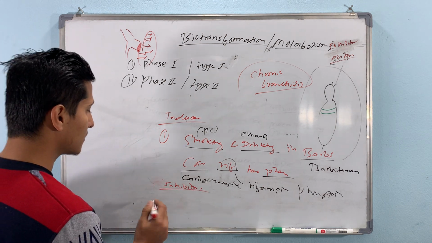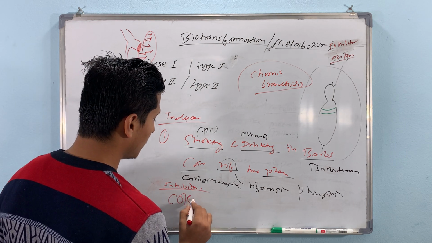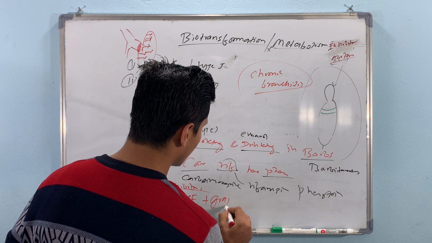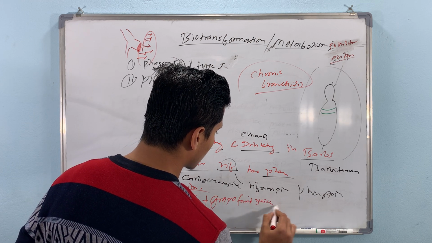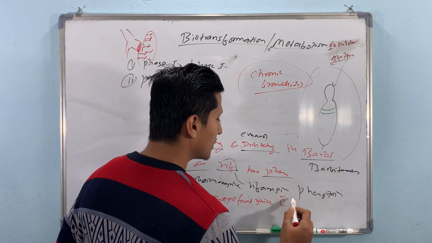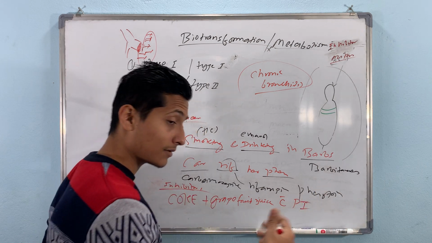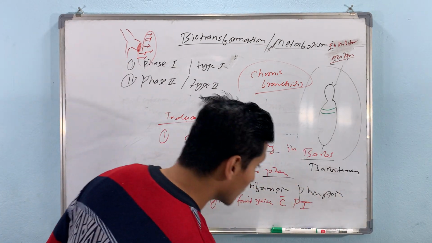So the next funny mnemonic is COK Coke plus grapefruit juice, grapefruit juice with pie. You may add apple pie if that makes the mnemonic more interesting, right?